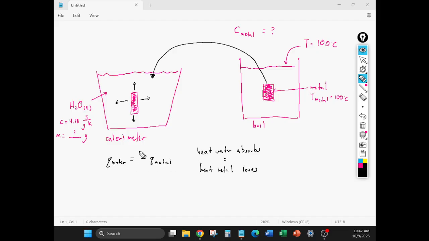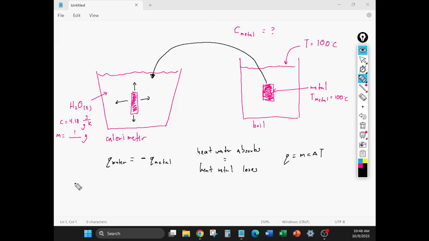Okay, that's what this equation represents. And what we do is we just expand this equation using the specific heat equation that we just talked about. So we said earlier that Q equals mcΔT. So we just put in mcΔT for the water and the metal, and that allows us to pretty much find all the variables that have to do with the water and the metal.